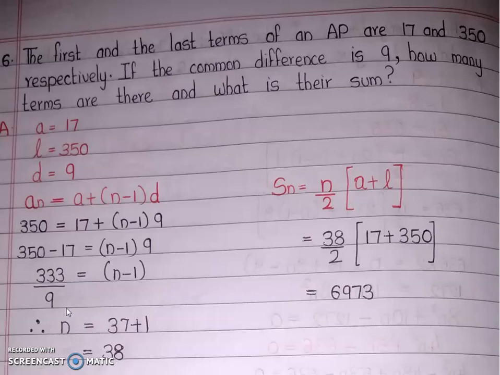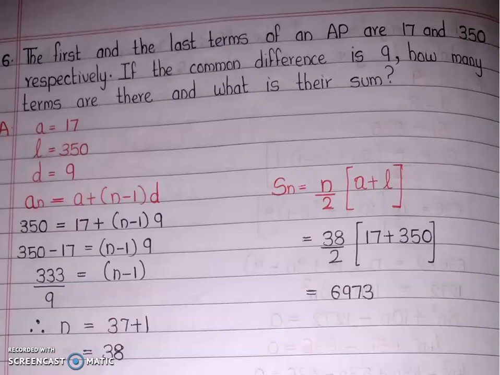Once you get n equal to 38, where can you substitute it? You can substitute it in Sn is equal to n by 2 into a plus l. Why are you using this formula? Because you are asked to find their sum. Reduce the number of operations, that's why I used this.